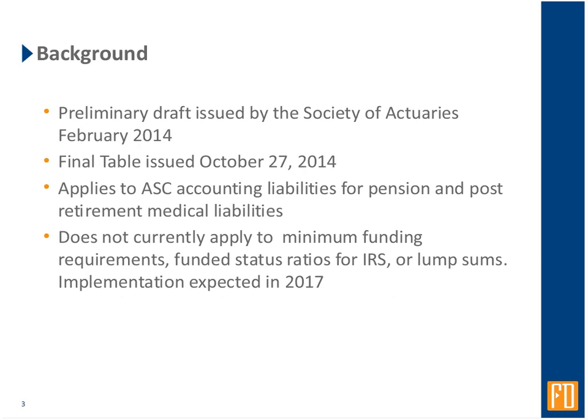Just a little bit of background. The Society of Actuaries released an exposure draft in February of 2014. There were a lot of comments received by the Society as a result of that. The final table was issued on October 27th.